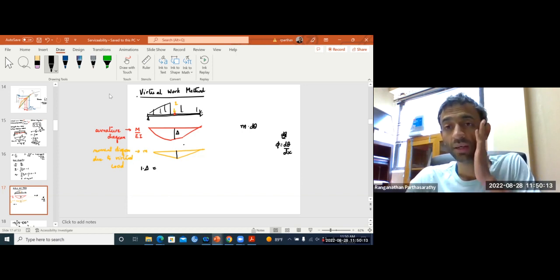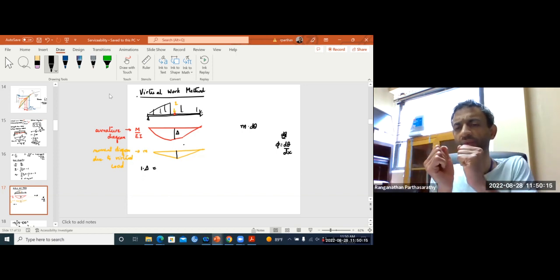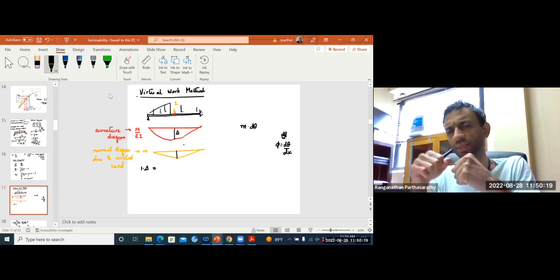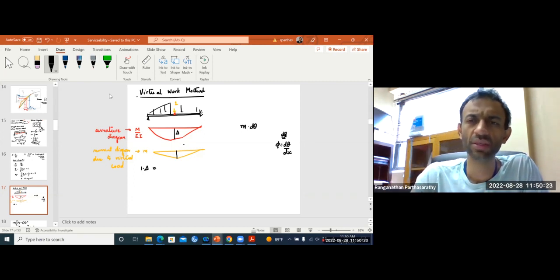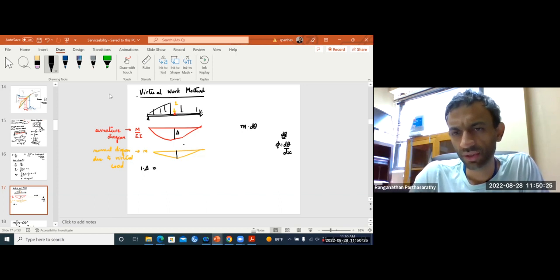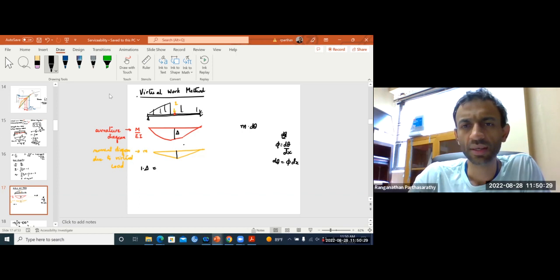Your curvature is what? If you have a very sharp change in angle within a very small distance, then you have a high curvature. So curvature is rate of change of the angle, right? So your d theta is nothing but phi times dx.